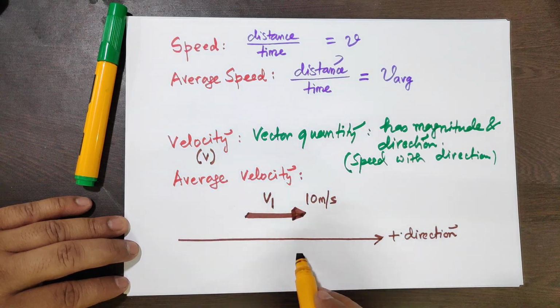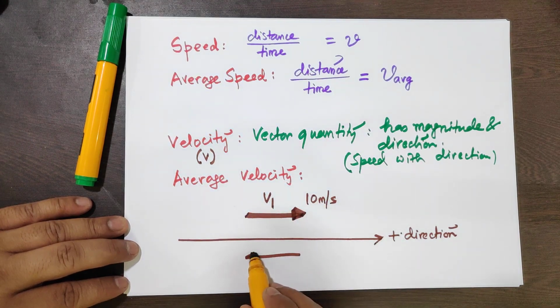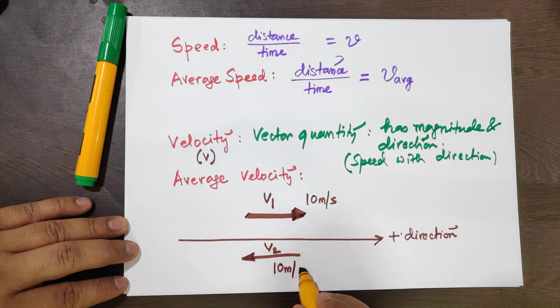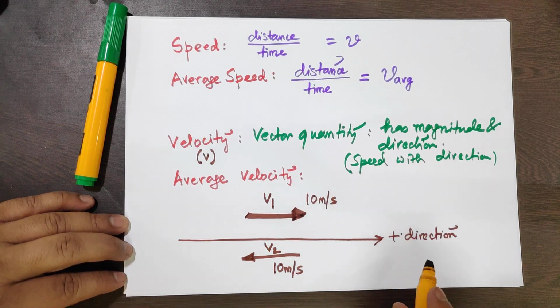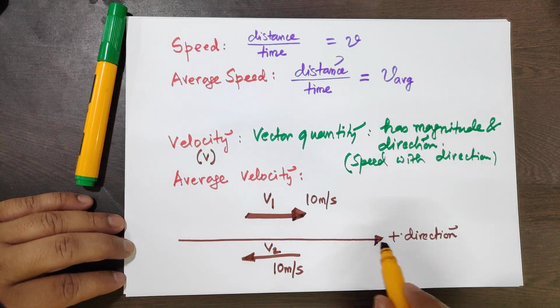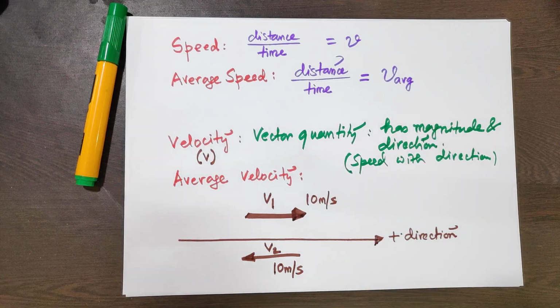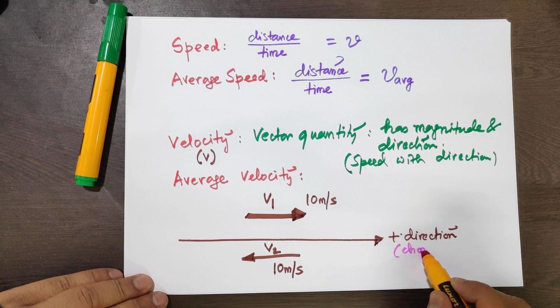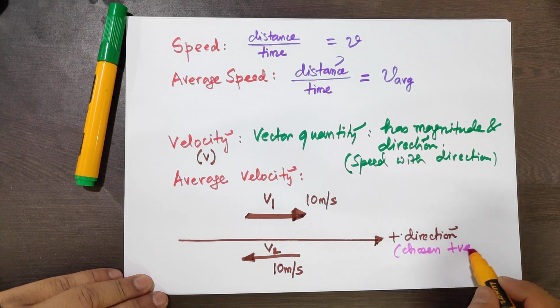Now if this particle moves with a velocity v2, suppose this is 10 meter per second also. As velocity is a vector quantity, if you write the quantities with sign, then you have to choose a direction. So this is our chosen positive direction.